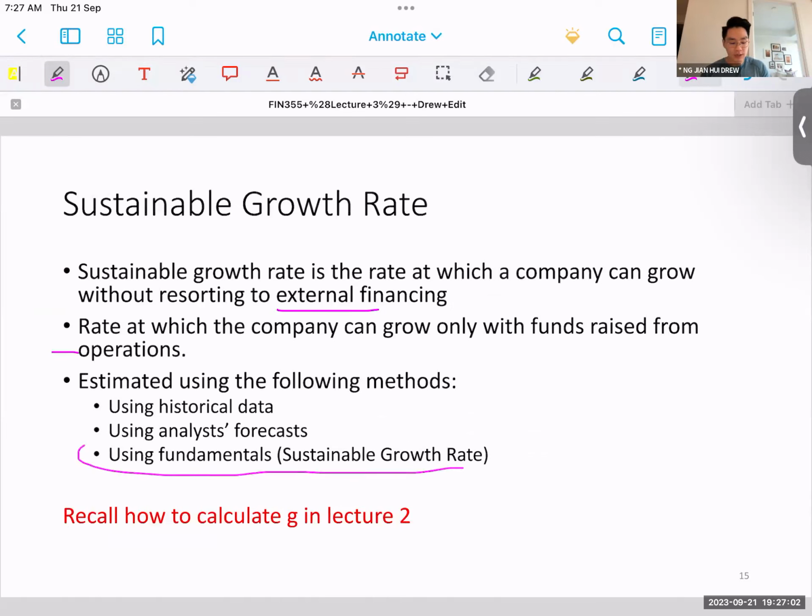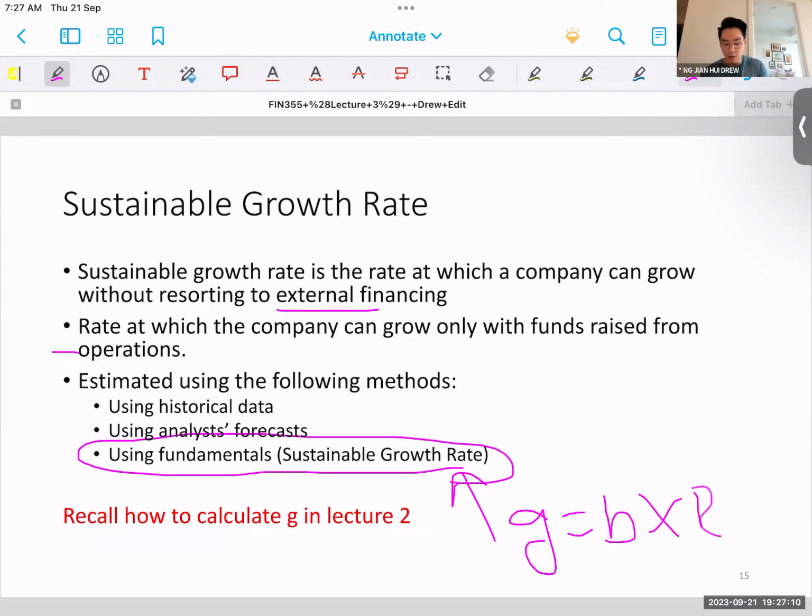The third one, using fundamentals, is what we have been talking about, where G equals the retention ratio, b, times ROE. Alternatively, you can use things like historical data, what's the historical growth, maybe you take a simple average, or the analyst forecast.